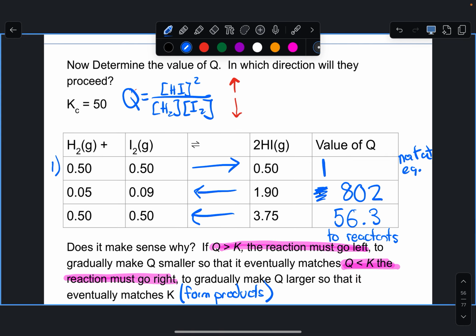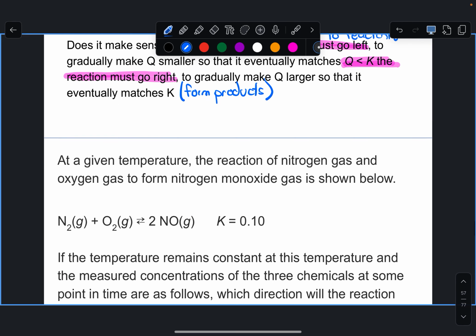Or if none of them are 0, you have to figure out what the Q is and decide which direction that reaction is going to proceed. And if you happen to get that it's equal to the K, that means it's already at equilibrium. So it's done. All right, let's do one more of these.